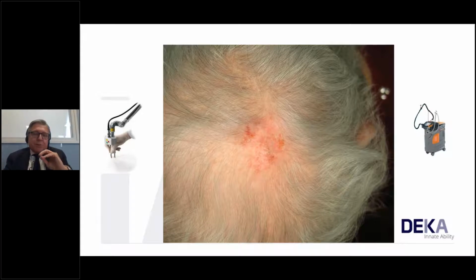This is very interesting because it's one of the cases where we use a fractional plus pulse dye, but the fractional is used as a sort of adjuvant, a sort of helping laser to the pulse dye. It's well known that pulse dye laser is one of the tools that we use in basal cell carcinomas.